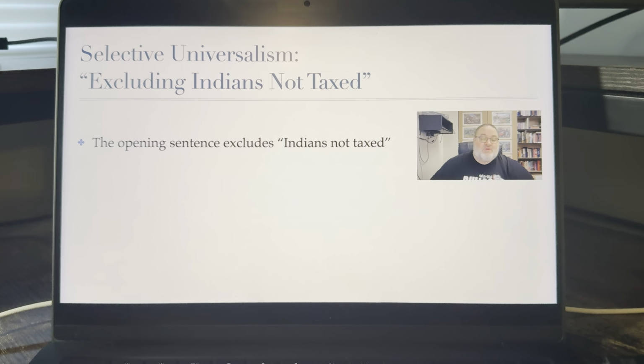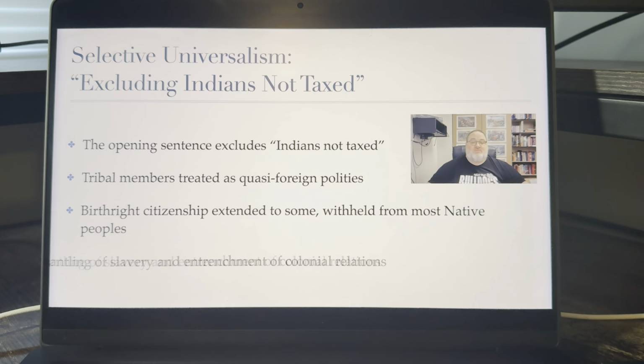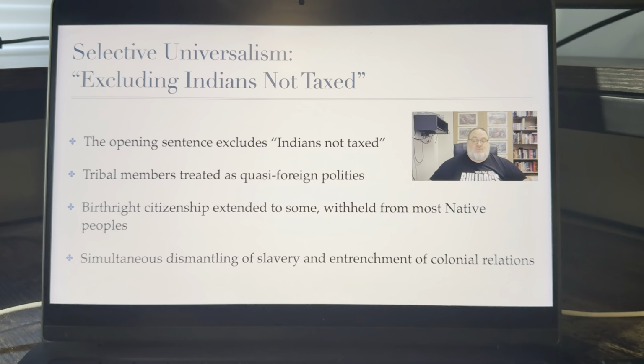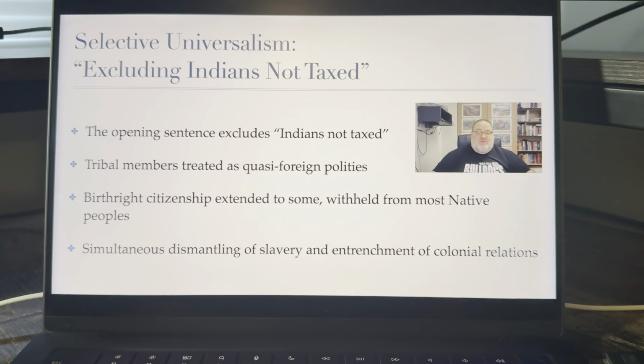Now I want to pause the celebratory narrative and zoom in on a phrase that often gets glossed over in textbooks. The very first sentence of the act declares that all persons born in the United States and not subject to any foreign power, excluding Indians not taxed, are citizens of the United States.